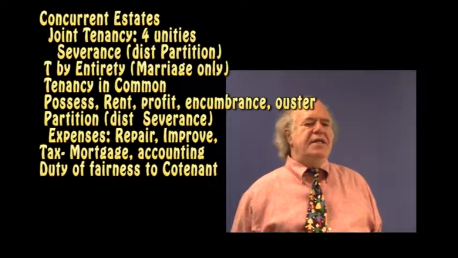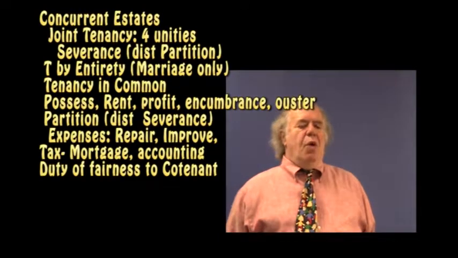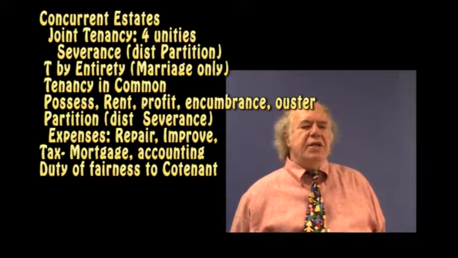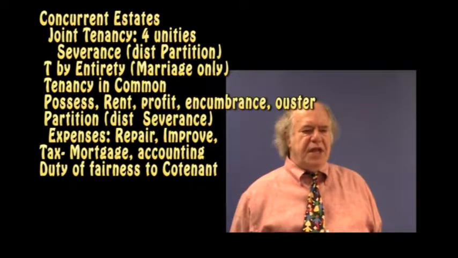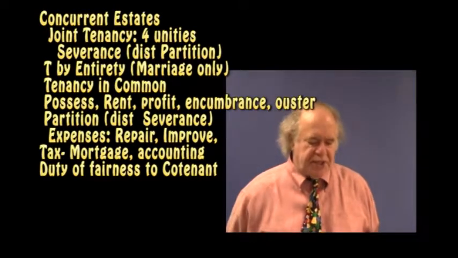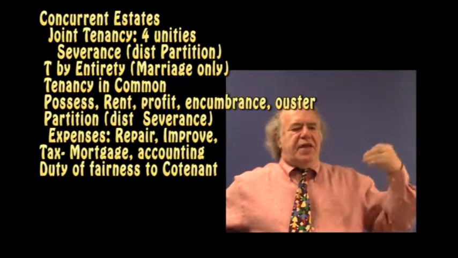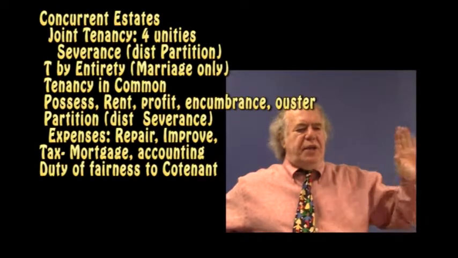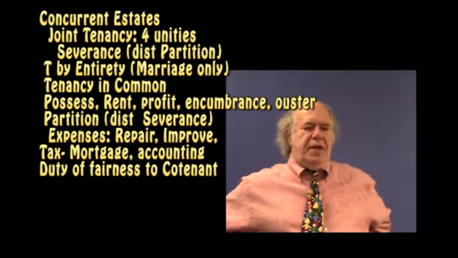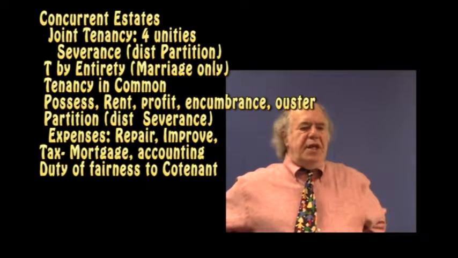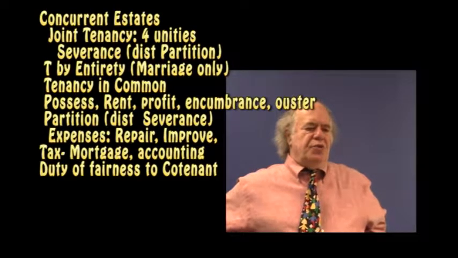But that's the easy case. What if A mortgages the property? That is, gives a mortgage and borrows money against her interest in the property. A mortgage can be treated as either the giving of a title in the property or as a placing of a lien on the property. If it's treated as just a lien, it does not sever the joint tenancy.